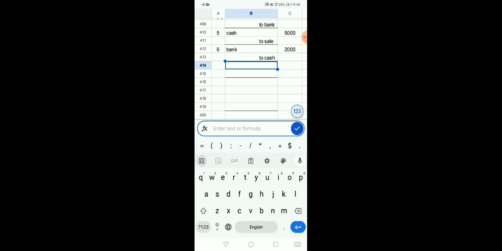Overall scenario, when you see what happened at the end, you have deposited the amount into the bank. This means the amount present in your bank account has been increased. Your bank account is an asset, an increase in asset should be mentioned on the debit side, so you will write bank on the debit side. All right, how have you received this amount? You have sold your investment.